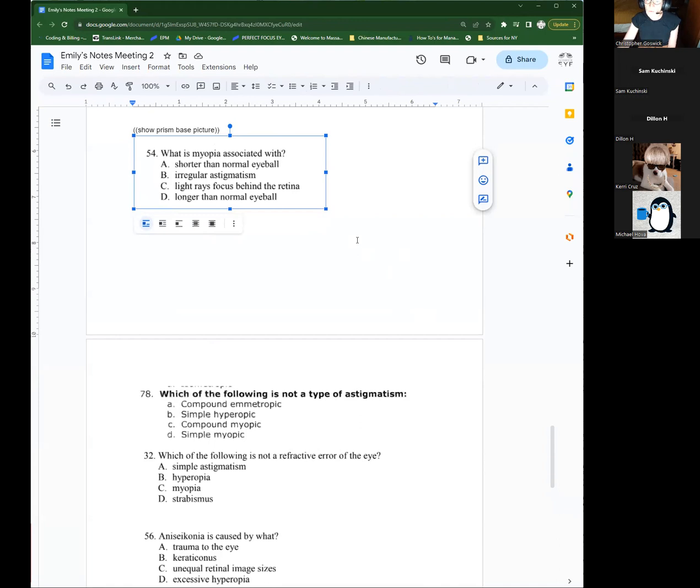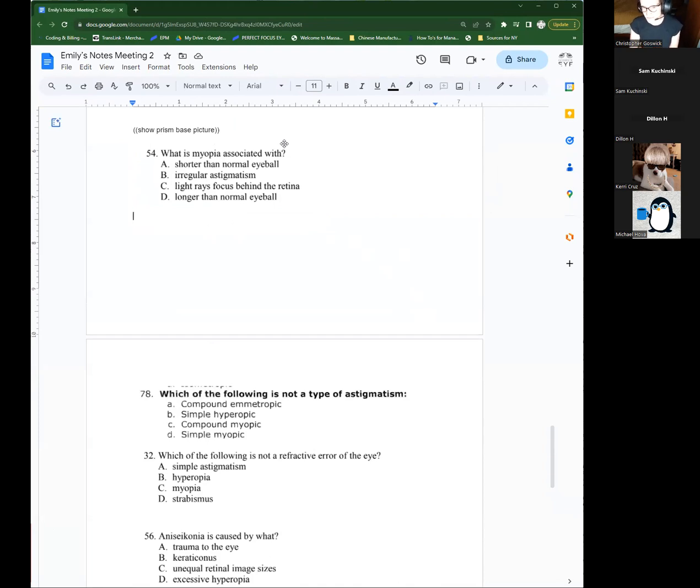First one, what is myopia associated with? Is it a shorter than normal eyeball, irregular astigmatism, light rays focus behind the retina, or a longer than normal eyeball? Well, first off, irregular astigmatism is nothing that we've really mentioned or talked about.